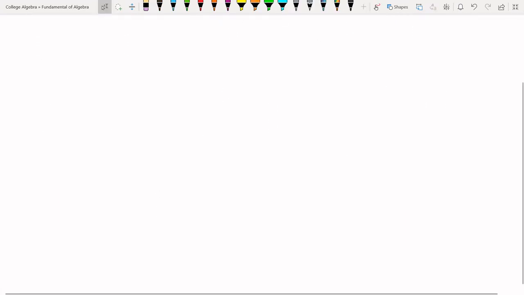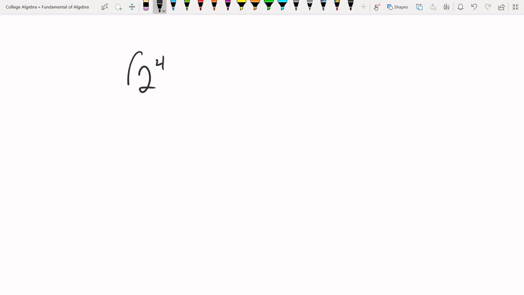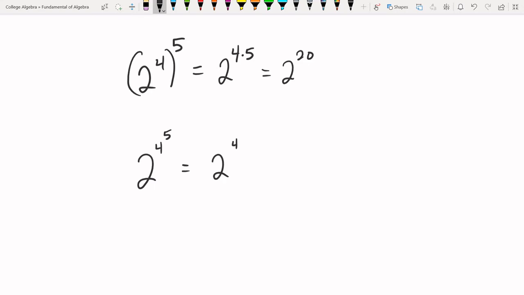As a quick aside to the power rule, I wanted to talk about the notation here. This is what the power rule works on. This is 2 to the power of 4 times 5, which is 2 to the 20. This is not the same thing as 2 to the power of 4 to the power of 5. What this is the same thing as is 4 to the power of 5, and 4 to the power of 5 is 1024.